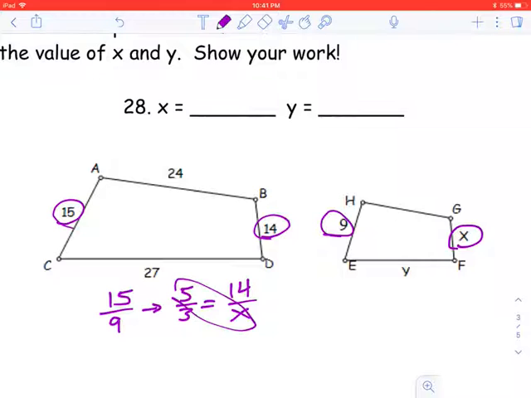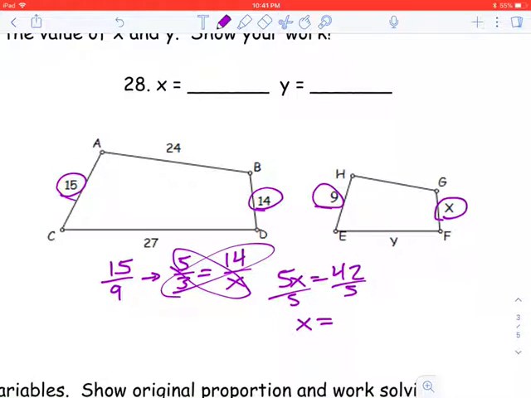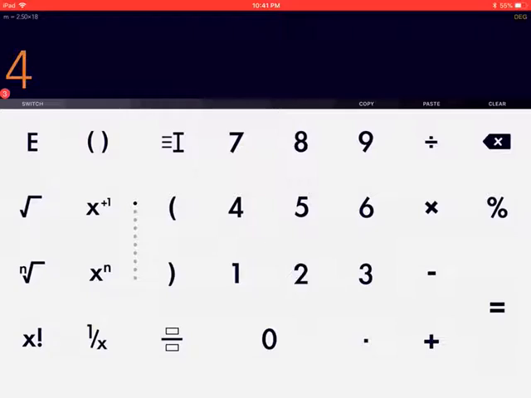So cross multiply, 5x equals 3 times 14, which is 42. Divide by 5, and we get x equals, that'd be 8 point something. 42 divided by 5. 8.4.